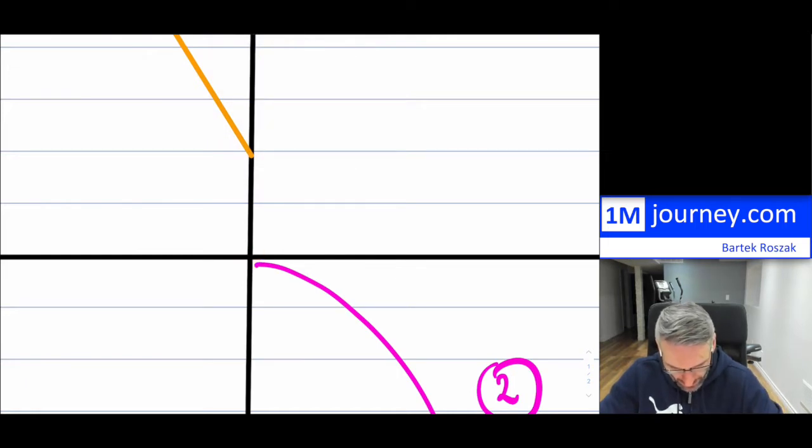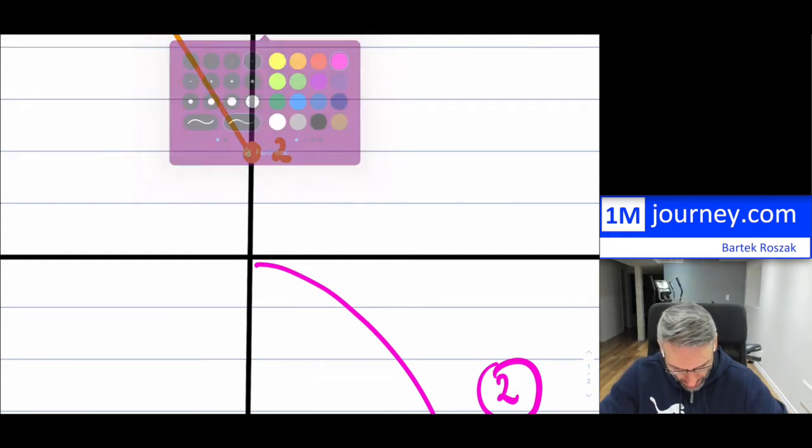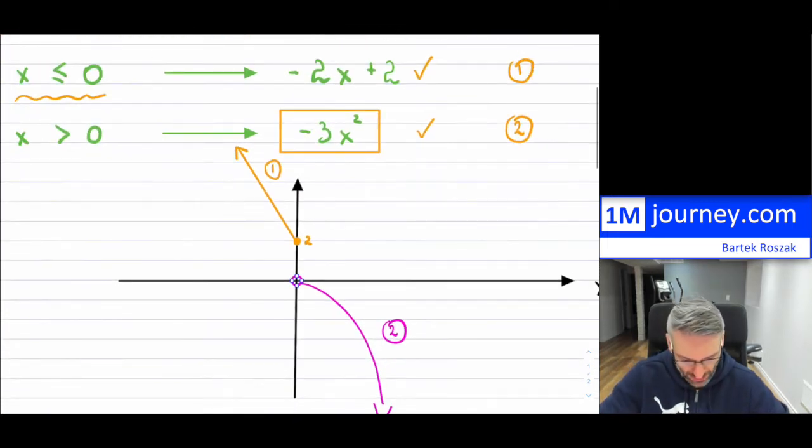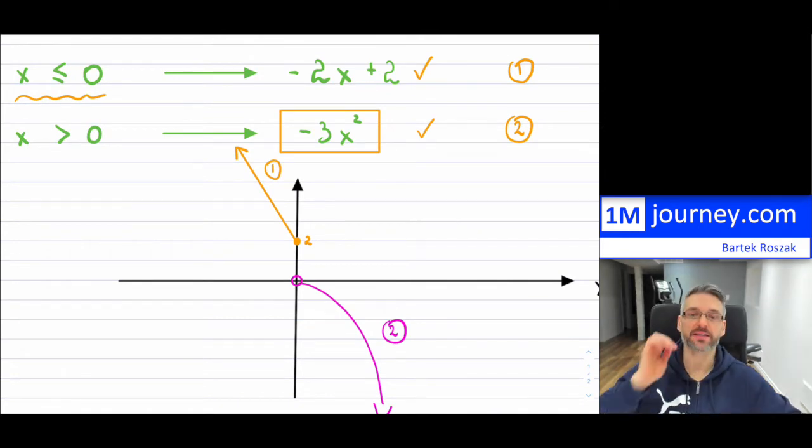And in here, this is my 2. And now the other function, because it's starting at 0, I'm going to put a little circle. If you remember, that's how we would plot these things.